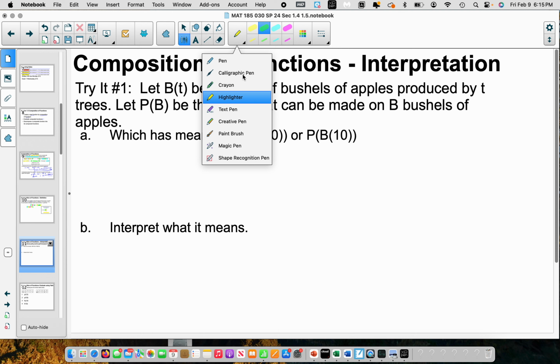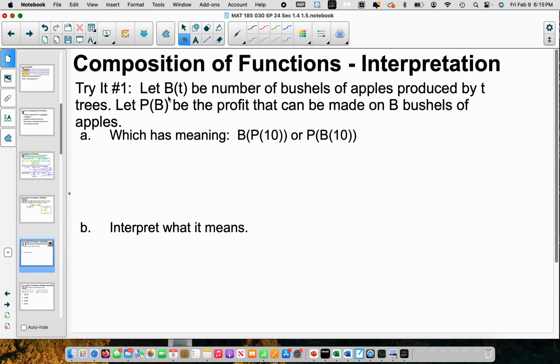All right, so let's look at this example here. It says that we have some function b of t, the number of bushels of apples produced by t trees. So if I input the number of trees, my output is how many bushels I get from those trees.